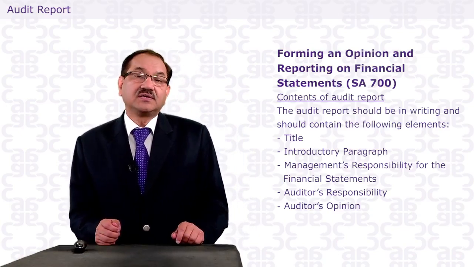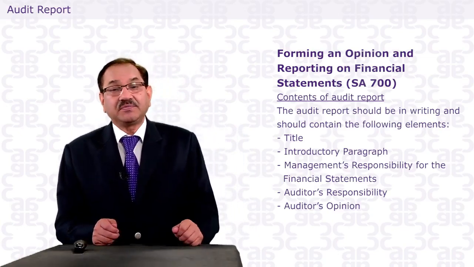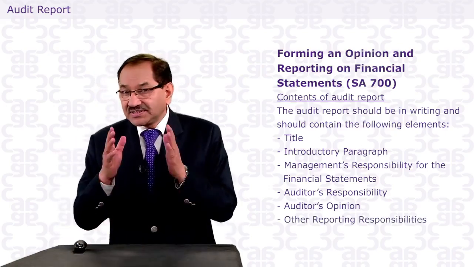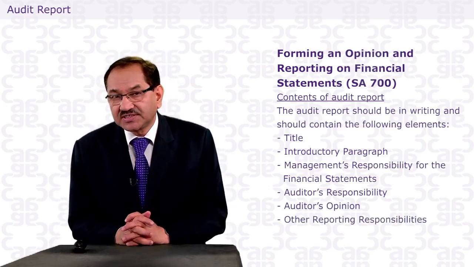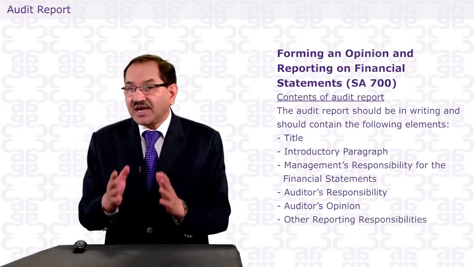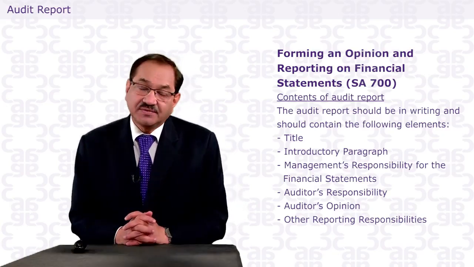Do you understand? The next paragraph is about the other reporting responsibilities. And what are these other reporting responsibilities? In India, there are certain reporting requirements under the Companies Act.